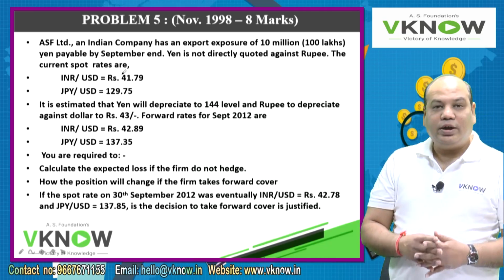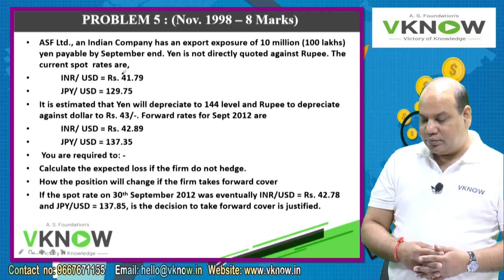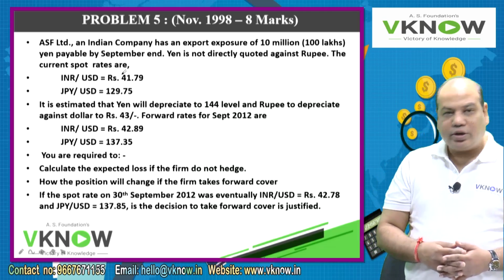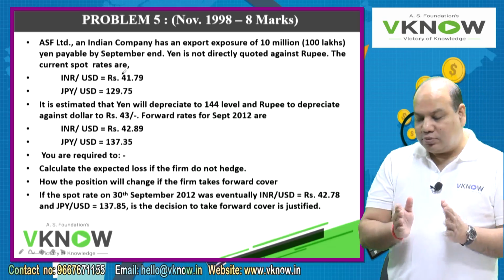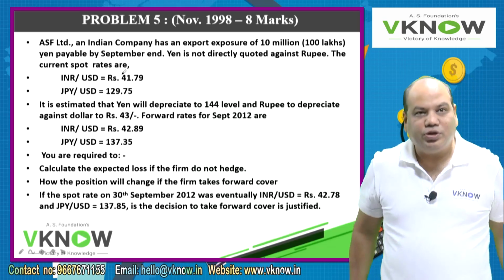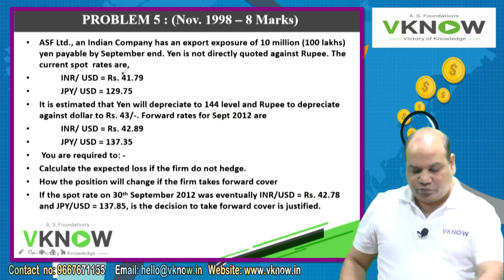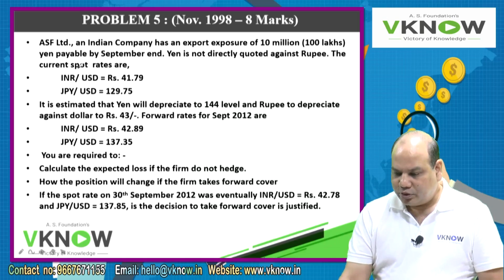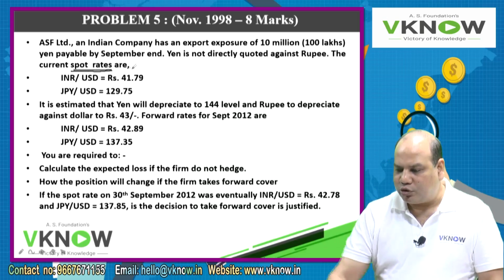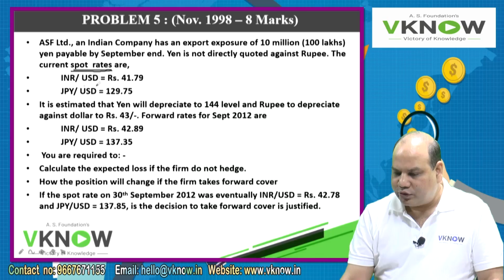Yen is not directly quoted against rupees. The current spot rates are INR per USD, JPY per USD. JPY, Japanese yen. Now in this question, they are testing your one more concept of cross rate. Cross rate rule 1.